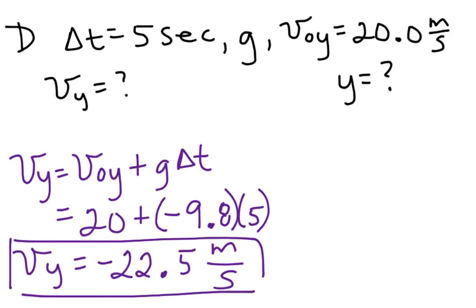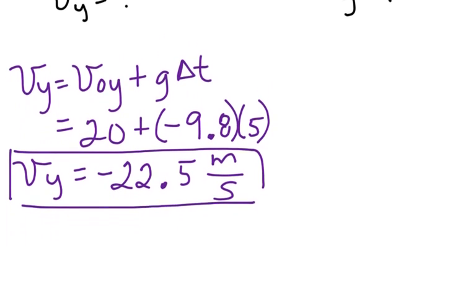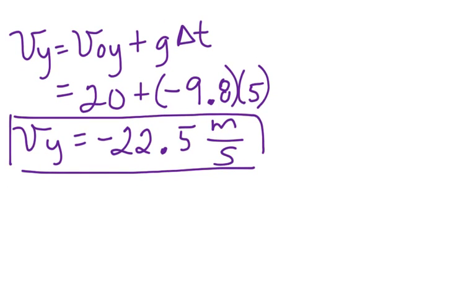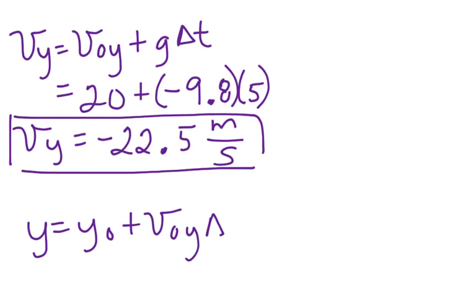Well, what about my position? How has that changed? The formula I'm going to use for that one is, of course, Galileo's formula. My y is equal to y sub naught plus v sub naught y delta t plus 1/2 g delta t squared.